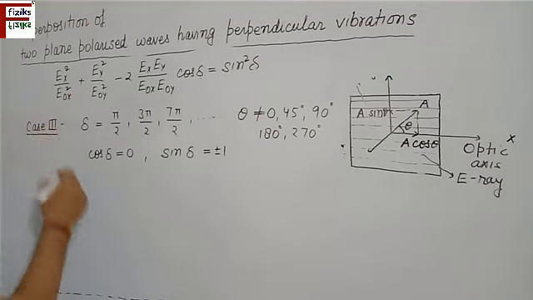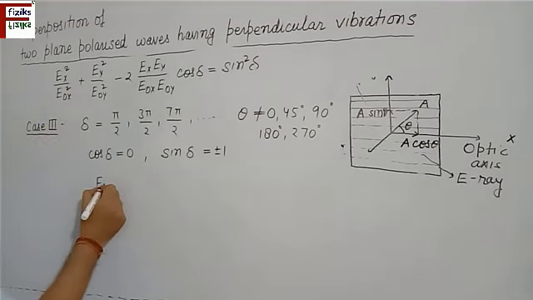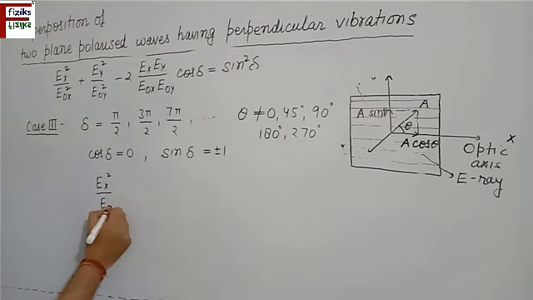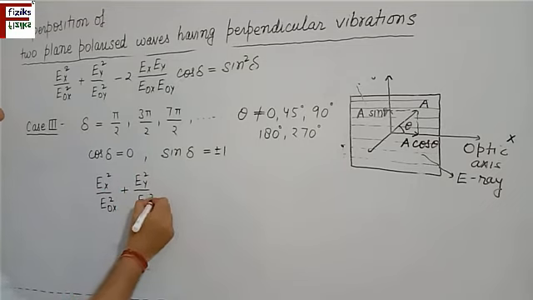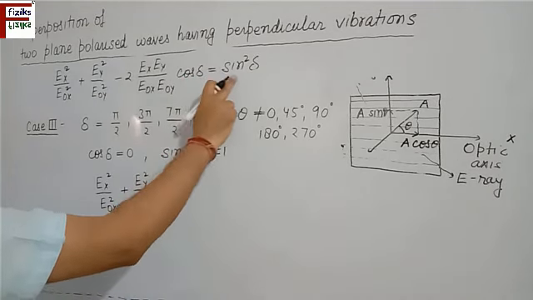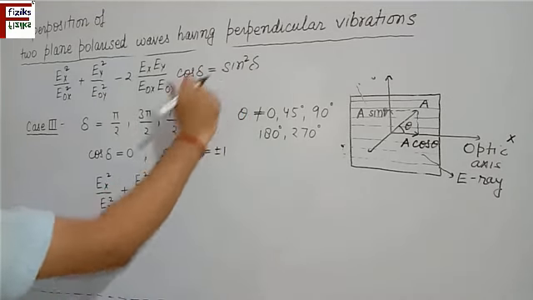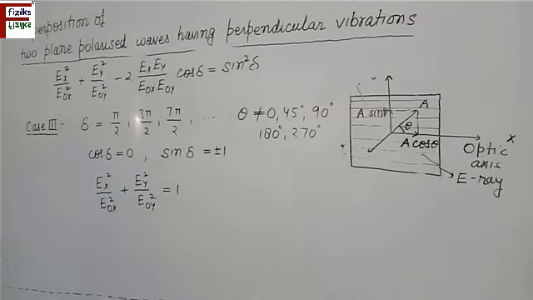Now this equation will become Ex square upon E naught x square plus Ey square upon E naught y square equals 1, since the cross term is 0 and plus minus 1 squared is 1.